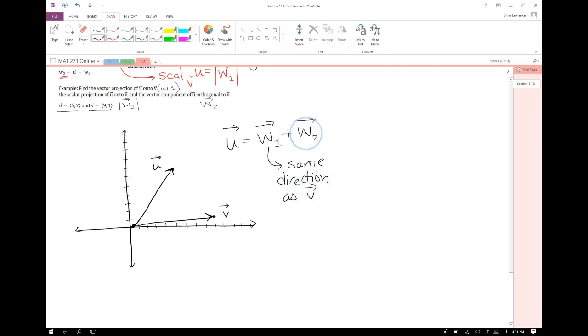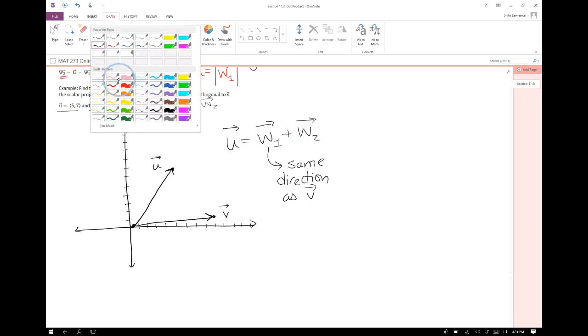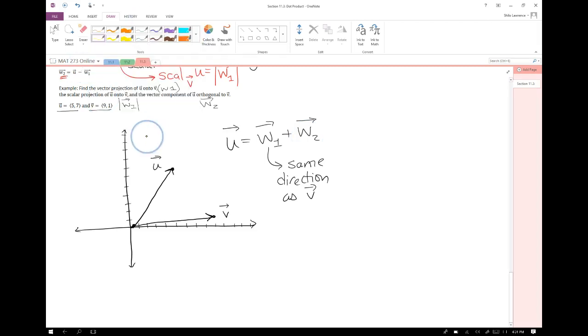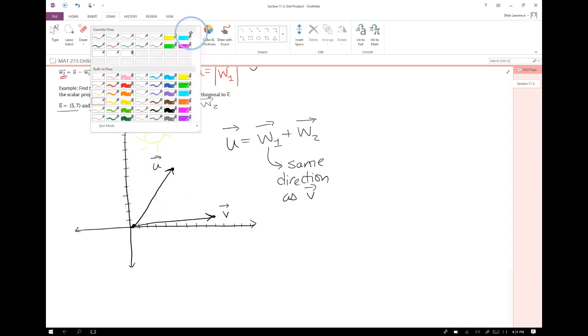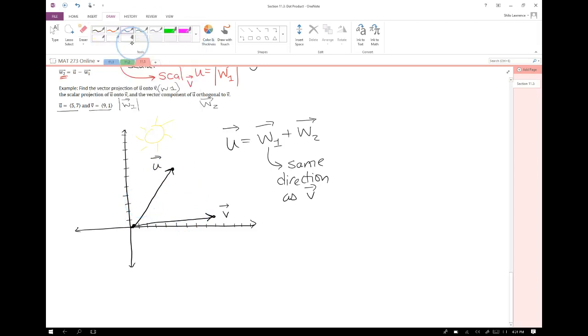And also w sub 1 and w sub 2 have a 90-degree angle between them. So if you think about shining a light on u to see what kind of shadow it's going to make on v, you always want to connect them so that they make a 90-degree corner.